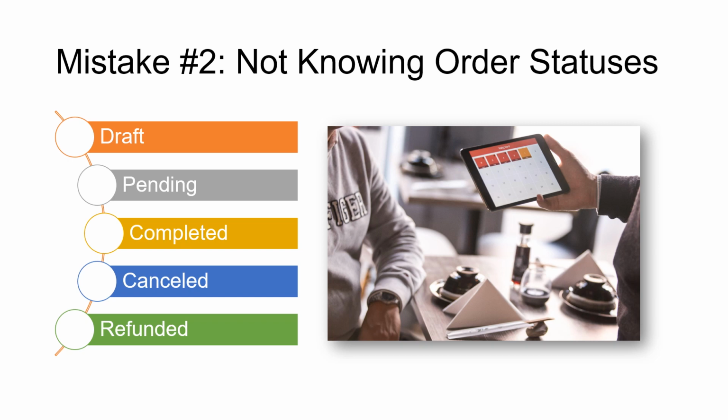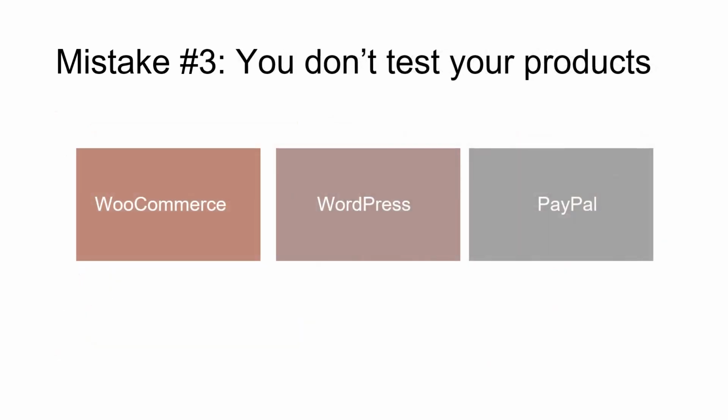Finally, if you have an order in a canceled status, maybe somebody signed up by accident or they signed up twice, then you can cancel an order. So you can change an order and edit it very easily by putting it in a canceled status. And worst comes to worst, if somebody wants a refund and you offer that as part of your terms and conditions, then you can put the order in a refunded status.